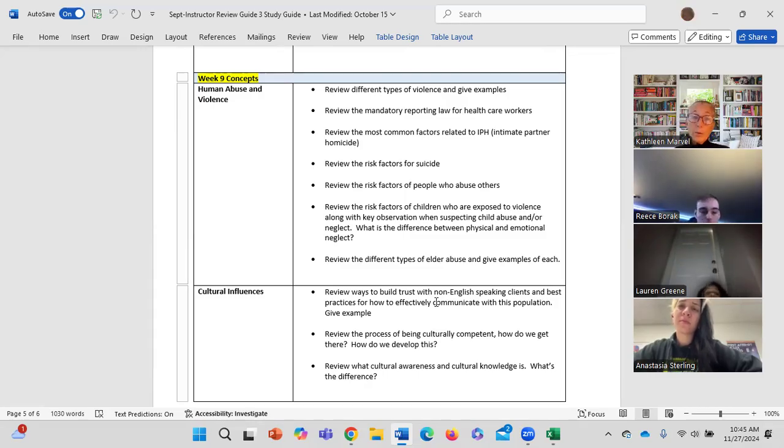So we talked about human abuse and violence. Here's what is important to know for the exam. Review different types of violence and give examples. I think what we talked about in class was domestic violence, intimate partner violence, child abuse, child neglect, elder abuse, elder neglect, murders, suicide as violence against oneself, assault, family violence, human trafficking.